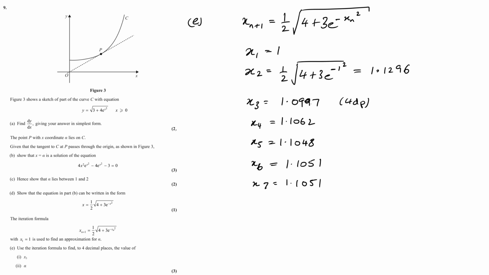You can see there, that's what we got. And then again, if I did x8 just to show you, 1.1051. So that's what we've got there. So alpha is 1.1051 to 4 decimal places. Obviously we just needed the two in a row there to confirm alpha.